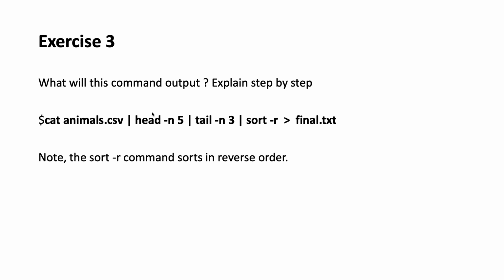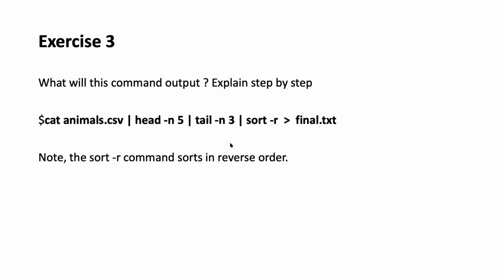Awesome. Thanks. Just to add on the point, when you're dealing with pipes, the output of one command is going to be the input of the next command. Now we have 5 lines, and these 5 lines will be the input of the tail command. Then we're saying out of that 5, I want to see the last 3.